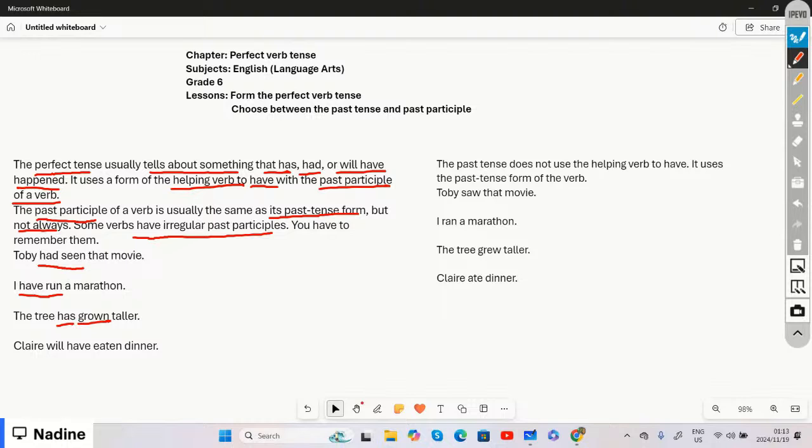All right. If we were to select the past participle plus the helping verb within that sentence, it says Claire will have eaten dinner, and then we will say will have eaten.